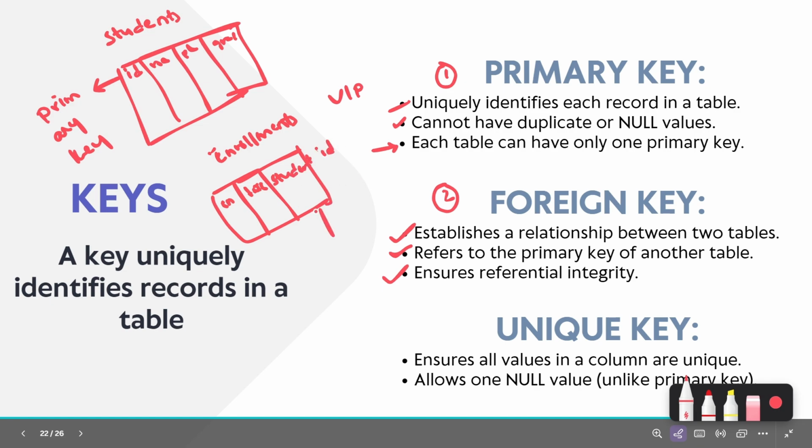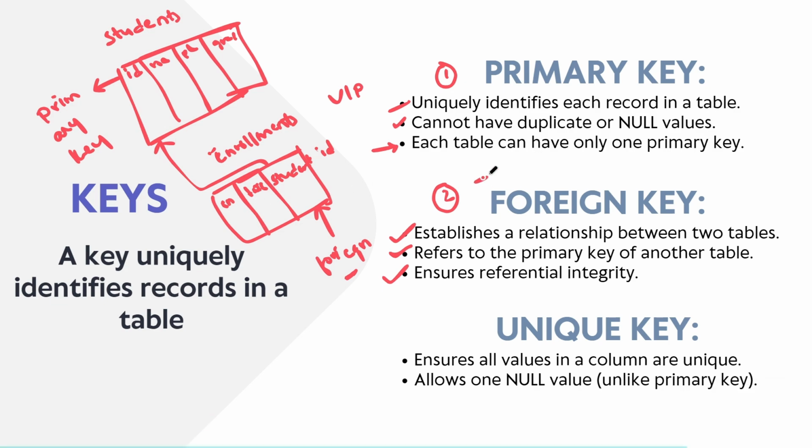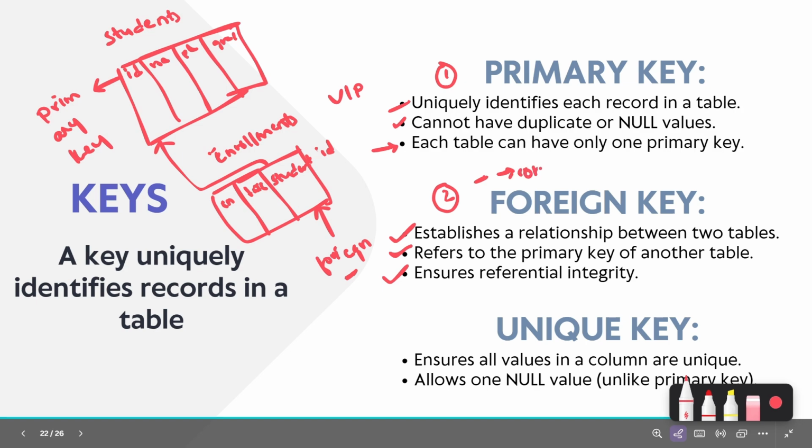So, this student ID is going to be a foreign key, and this is going to be a primary key in another table. So, this is how we are going to connect two tables. That is the reason we use a foreign key. It acts as a connector between two tables or more tables, you can say.